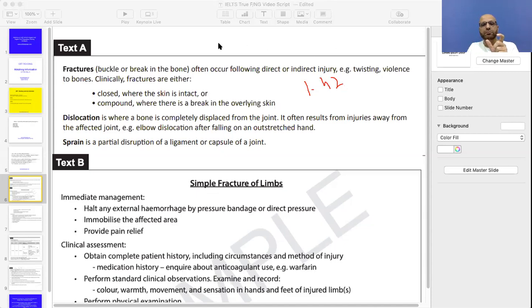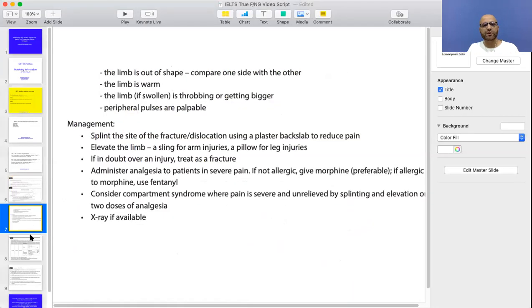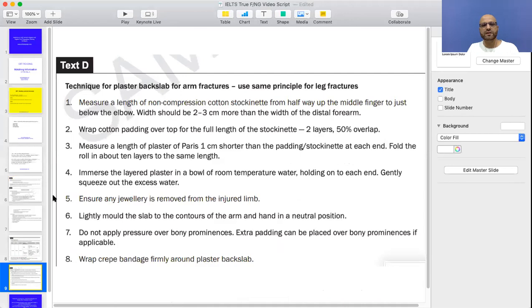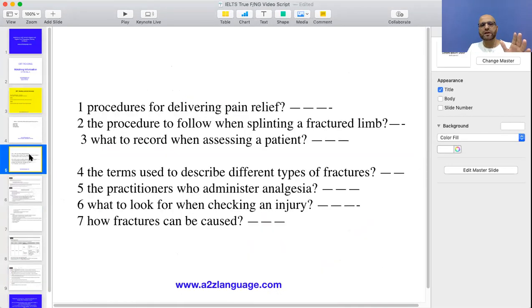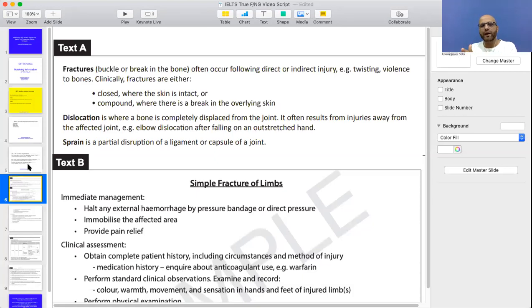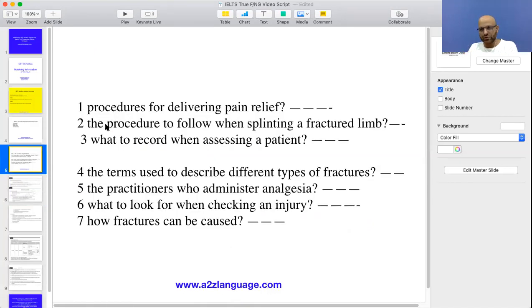So if you go over these slides, see how long these texts are: text A, text B continues, and text C, and then text D. You won't have time to read all these texts in great detail to find just one piece of information. So bear in mind that you require strategies, which we're going to teach you.